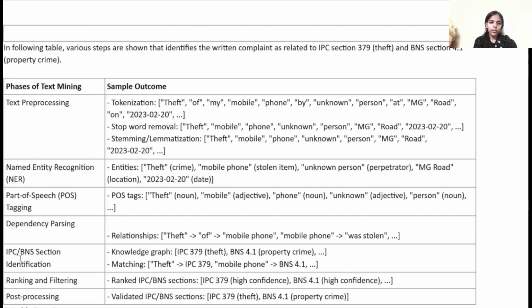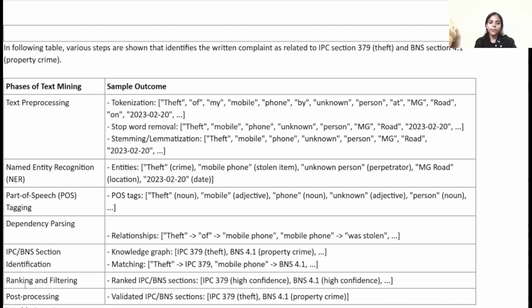Now the fifth step of text mining is IPC BNS section identification, using a knowledge graph, where IPC 379 is for theft and BNS 4.1 is for property crime. Now we will match: theft is related to IPC 379, and the mobile phone, which is property, is related to BNS 4.1, that is a property crime.